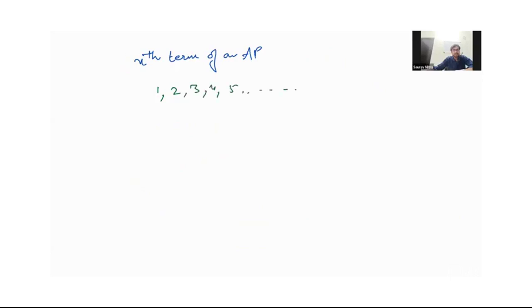This is my sequence of numbers. If I want to represent these terms as A1, A2, A3, A4, A5: this is my first term, denoted by A1. This is my second term, denoted by A2. This is my third term, denoted by A3, the fourth term A4, and the fifth term is A5.